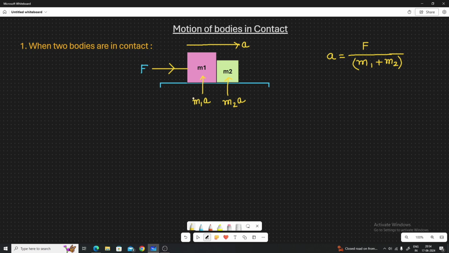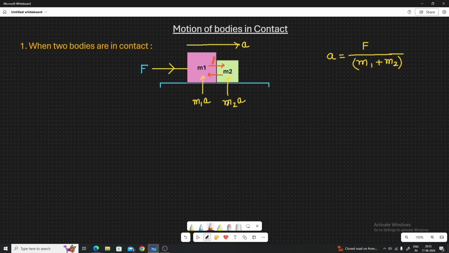Now if you are asked what is the force acting between these two bodies m1 and m2, you know this m2a is applied by the mass m1 to m2, and m2 will create an opposite force on m1. Let this force be F. What is the value of F?